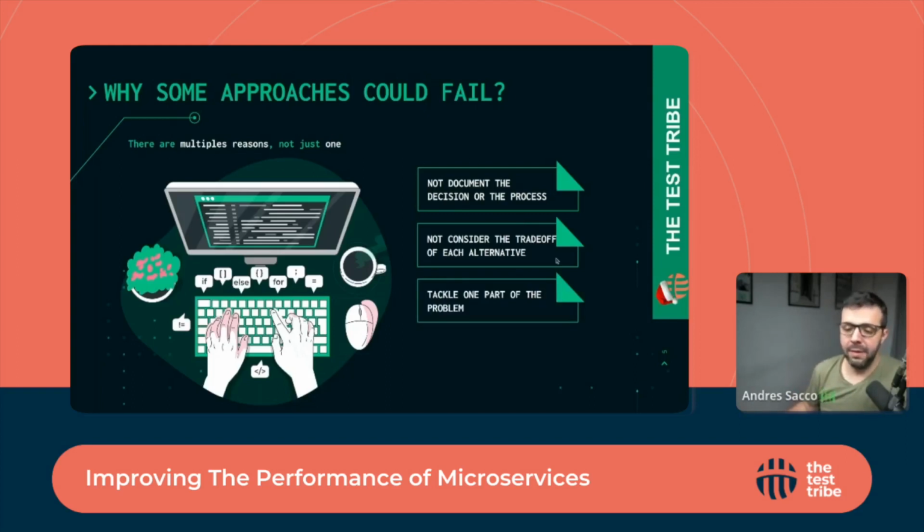The next problem is you only tackle one part of the problem. You only consider some part of your platform, not the entire platform. For example, I have two microservices that use Java and the rest use, I don't know, Go.